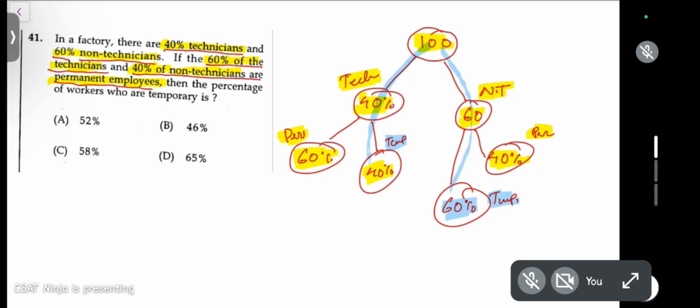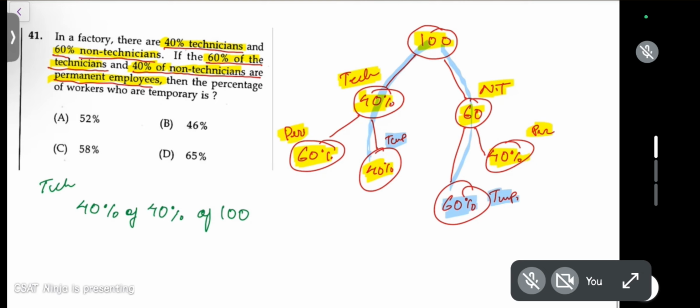That means 40% of 100 for technical, and for non-technical it is 60% of 60%, I'll use 100 here.